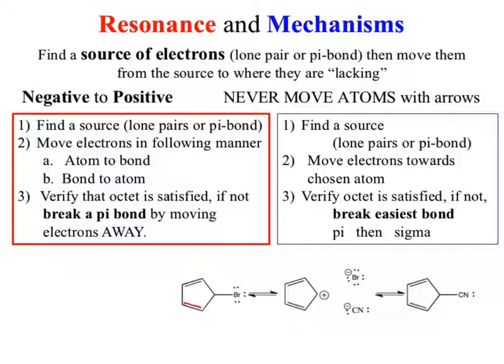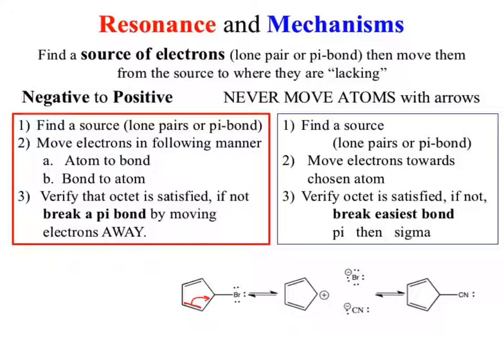The carbon, which is attached to bromine. Why is the carbon attached to the bromine positive? Bromine is electronegative, withdrawing electron density from that carbon, making that carbon partially positive. So we could take those pi electrons and we could move them here. What's the result? We would exceed the octet.